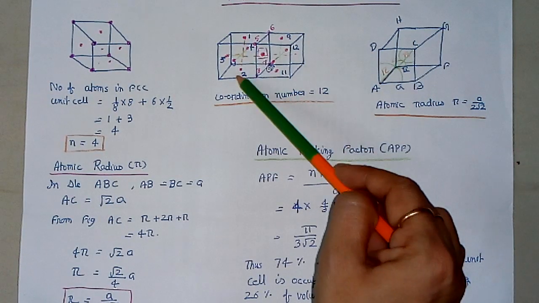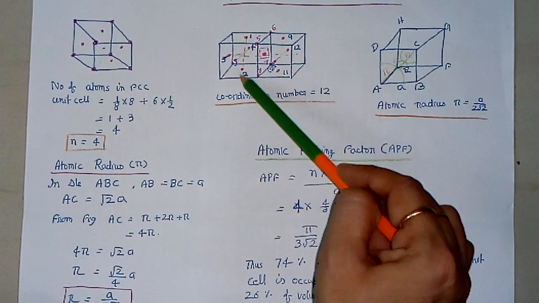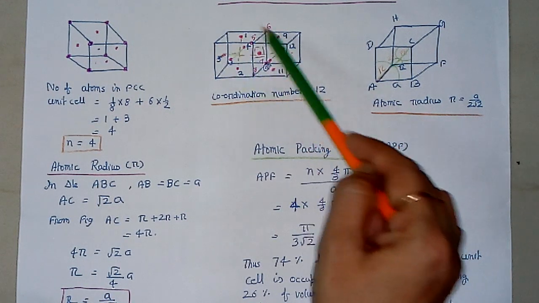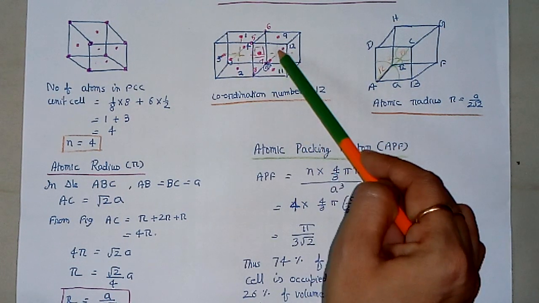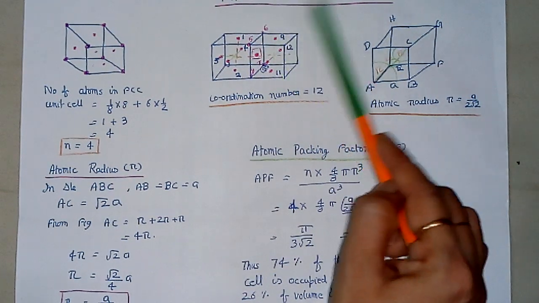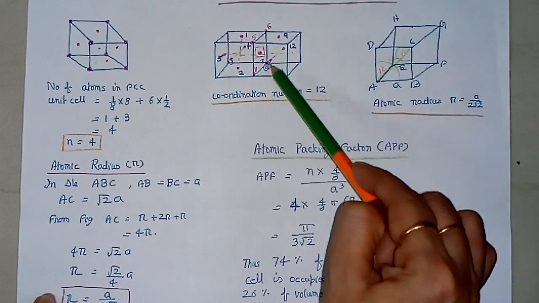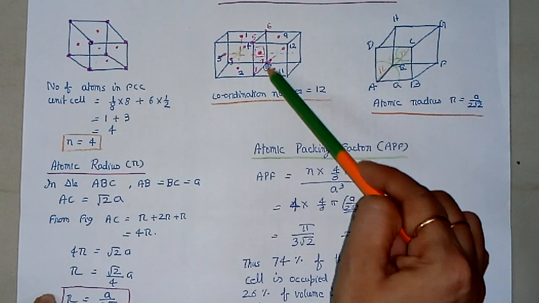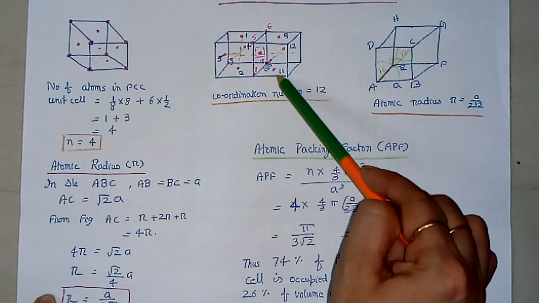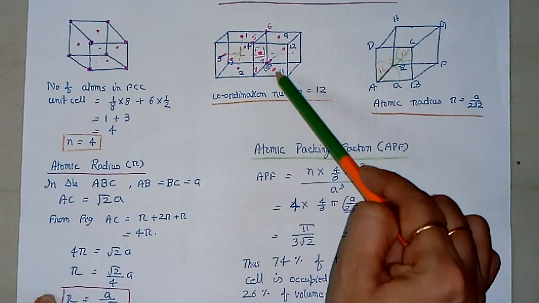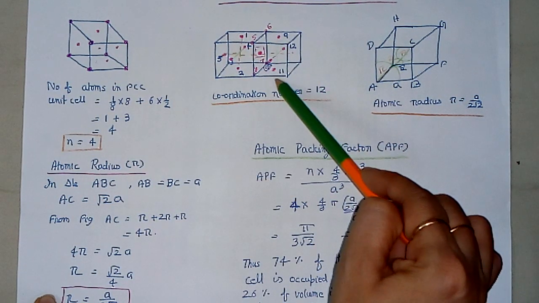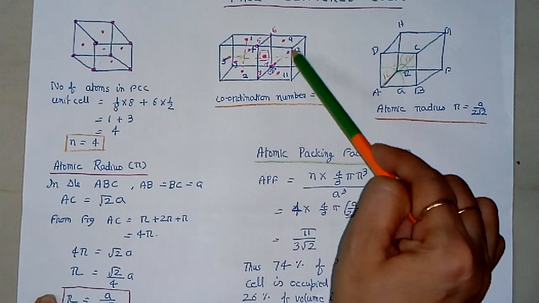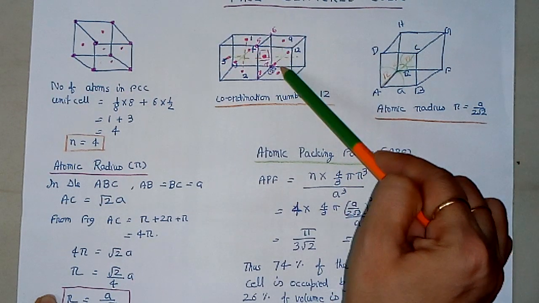So 1, 2, 3, 4 are for the 4 faces. Similarly for this cell we also have 4 faces: one for top, another for bottom, one for the front, another for the back. So 9 and 11 are for the top and bottom, and 10 and 12 are for the front and back of this unit cell.